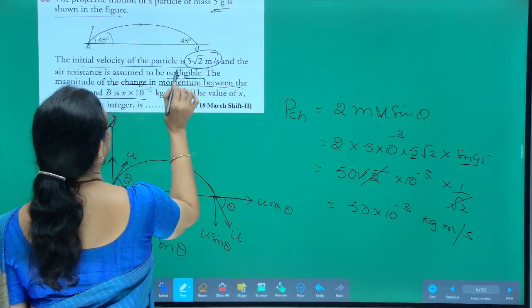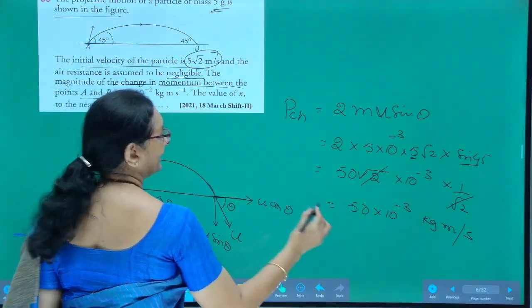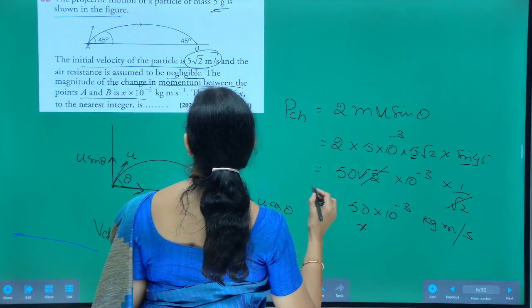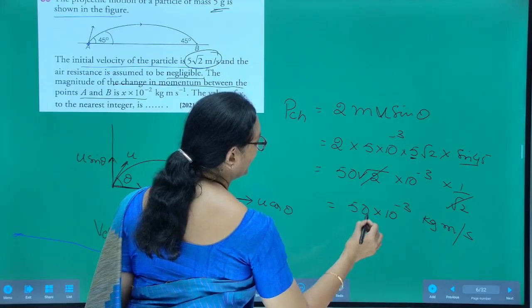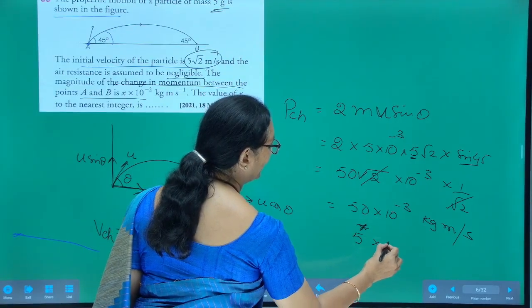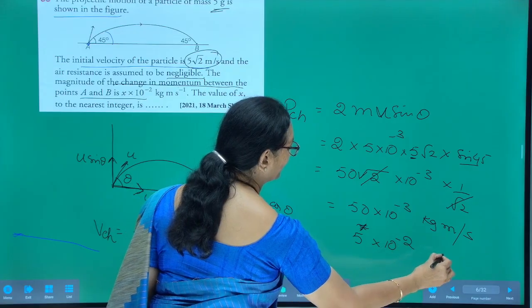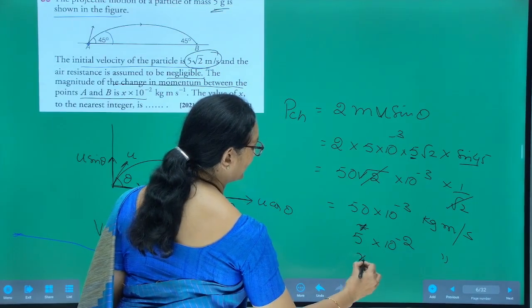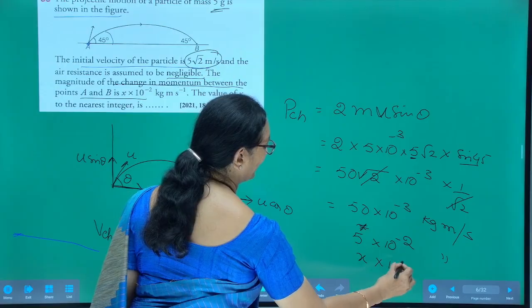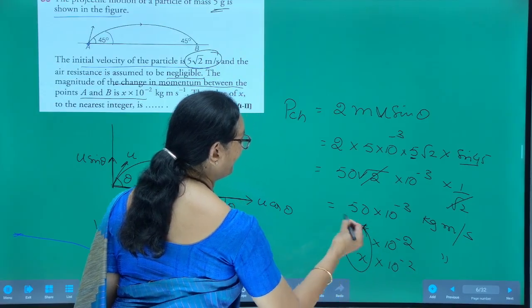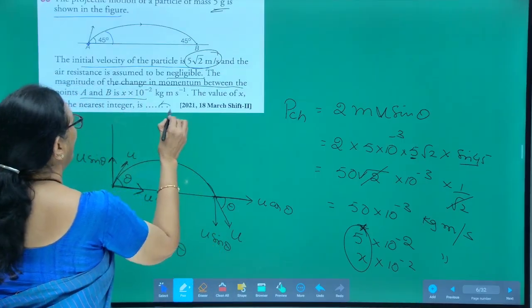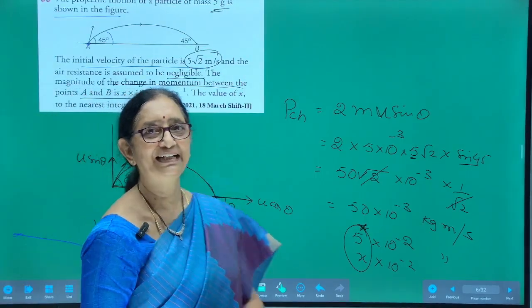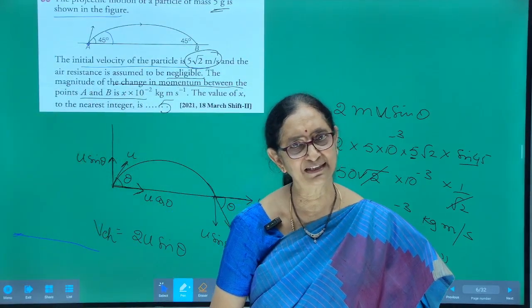But here it is given as x into 10 to the power of minus 2. So, this becomes 5 into 10 to the power of minus 2 kg meter per second. So, x into 10 power minus 2, in place of x we have 5. That is the answer. Is it all right?